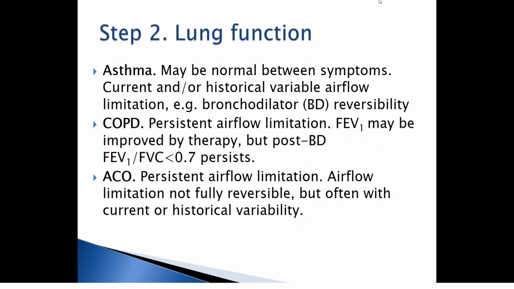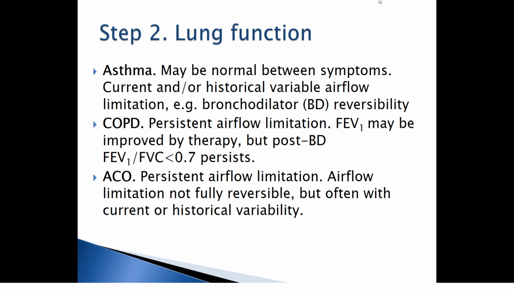Lung function in asthma may be normal between symptoms, normal breathing, with current or historical variable airflow limitation and bronchodilator reversibility. So lung function changes very significantly. In COPD, there is persistent airflow limitation. FEV1 may be improved by therapy, but the post-bronchodilator ratio of FEV1 to FVC less than 0.7 persists.